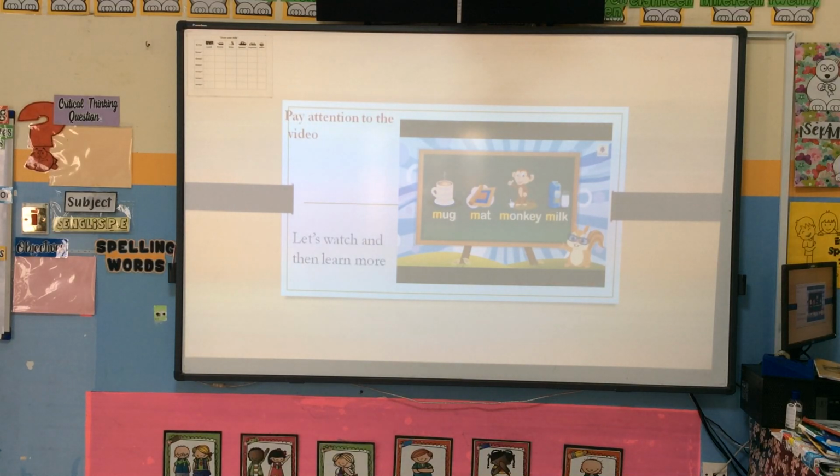So, to arrange this list of words, we will look at the second letter and arrange them in ABC order. Mat, milk, monkey, mum. This is the list arranged in ABC order.